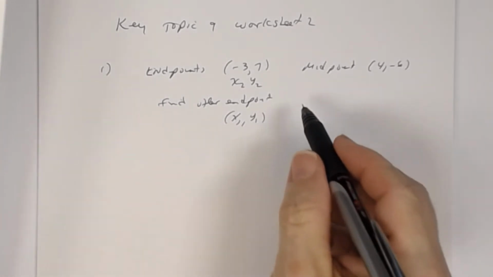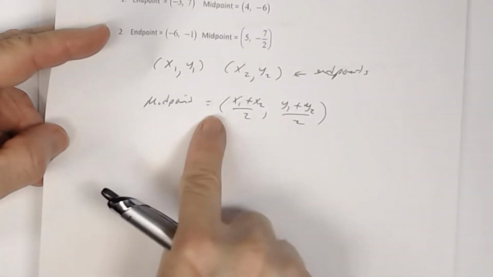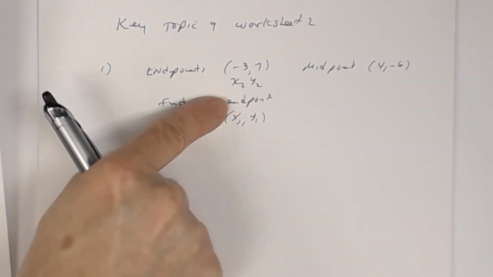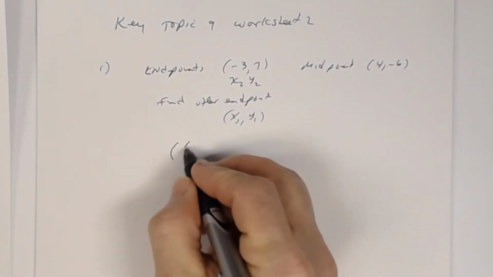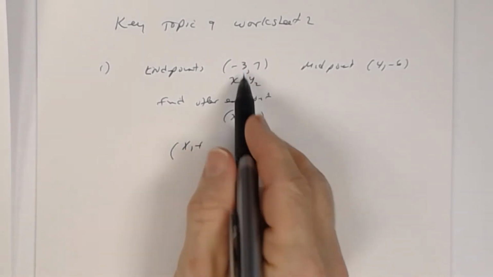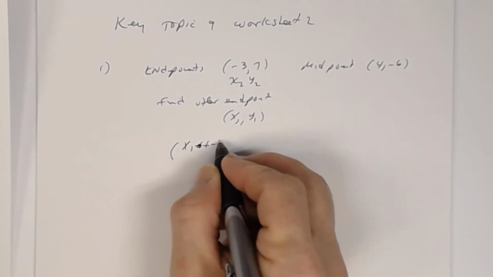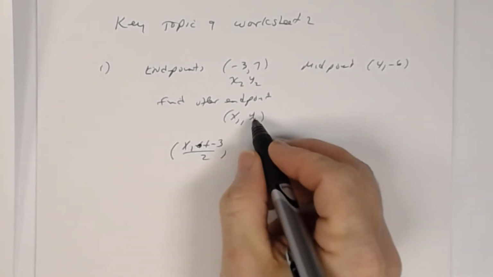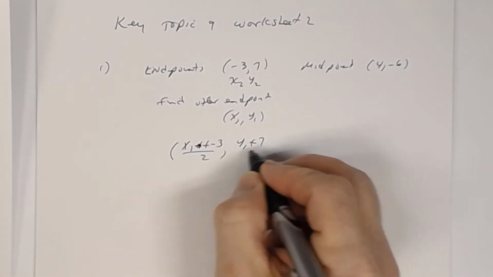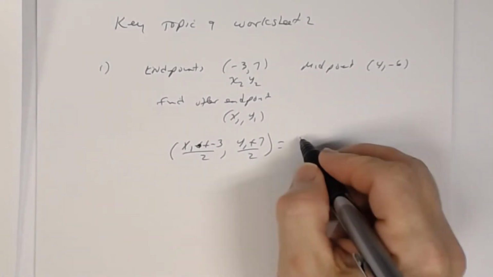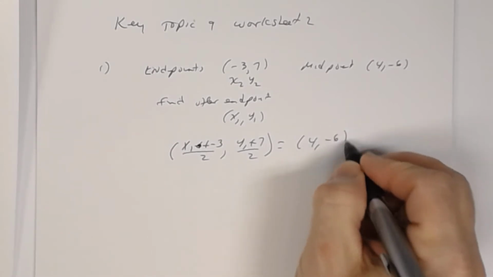According to the formula, I can say x1 plus the -3 divided by 2, and then y1 plus 7 divided by 2, and that's going to equal the midpoint, which we know is 4, -6.